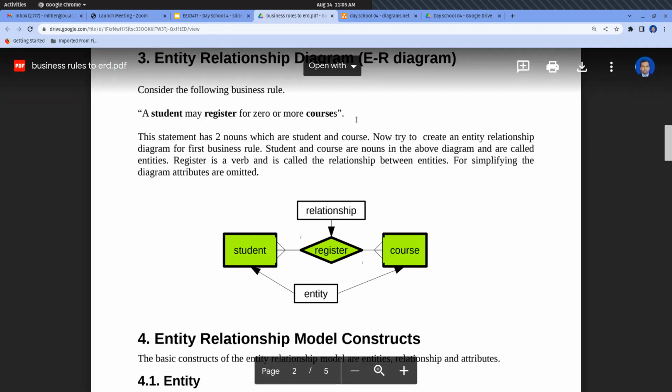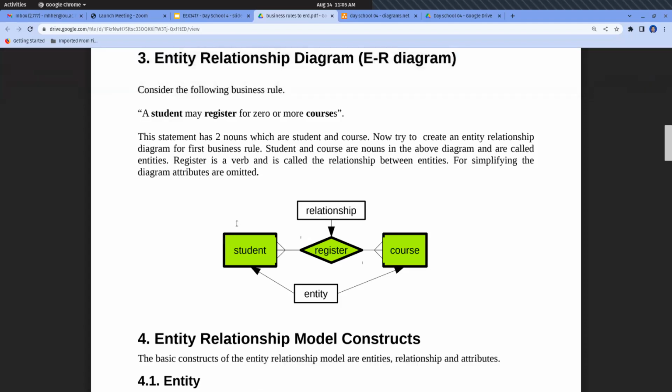Here you can see student and courses are nouns. Register is an action. The relationship between the courses and students comes from the register. The link between the courses and student happens by registering to the course.